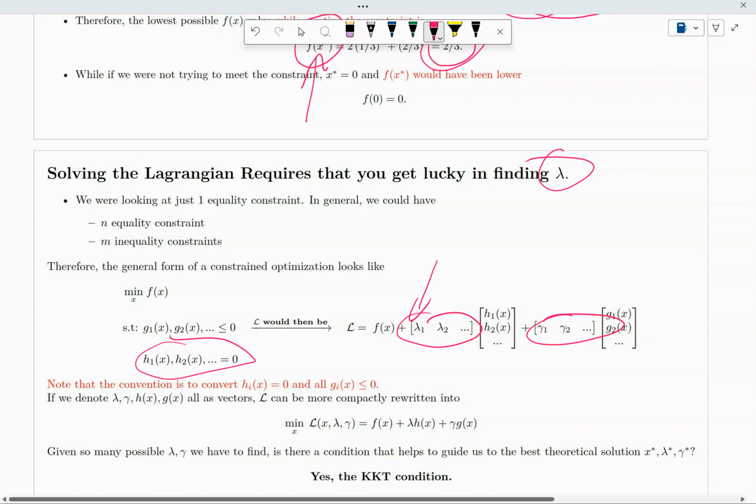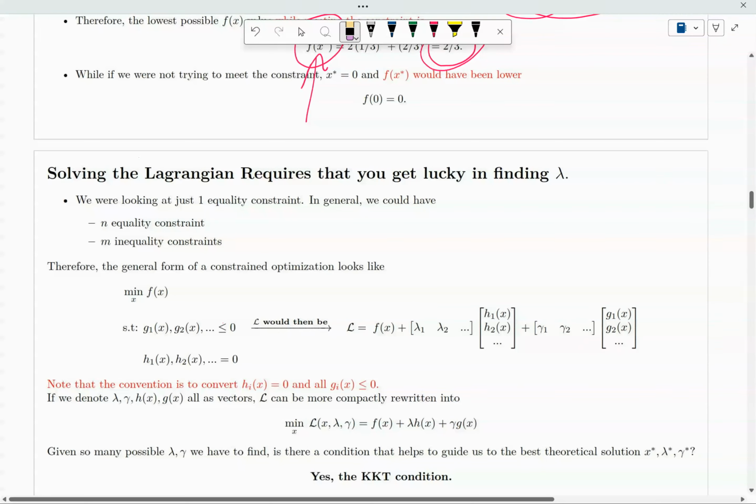Therefore, it could be very hard to find lambda because you're not finding just one lambda, you're finding some combination of 10 lambdas, 100 lambdas. It could get really complicated, and you do not want to be randomly picking lambda to keep solving the problem over and over again.